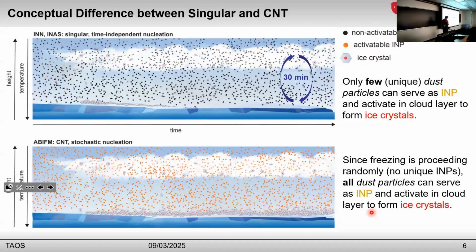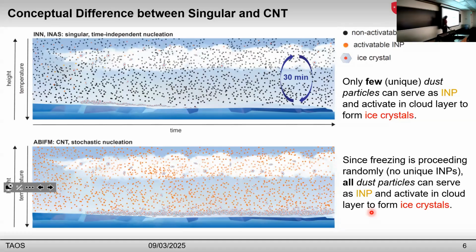Now, if we use classical nucleation theory, the perception completely changes, because these are the same dust. So any of them can be an INP. We don't claim they're unique. Anyone is a potentially activatable INP. We needed new phrases for that in this publication. So they go in, we apply the rate, and they nucleate. And so what you see, the cloud can draw, that's also a new term now, on a much greater INP reservoir than in this.